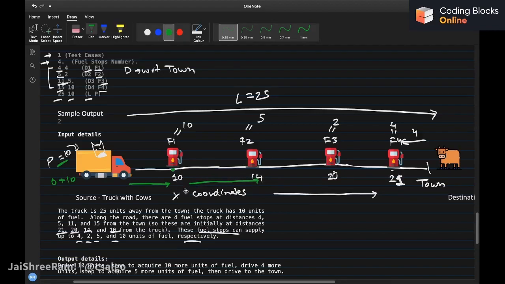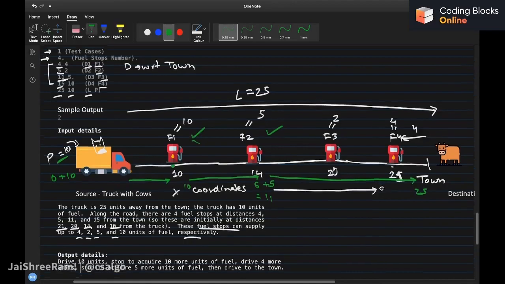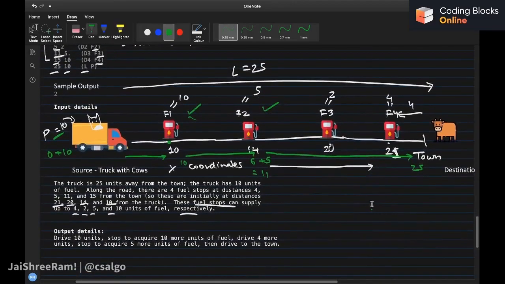So at this point the capacity was 10, and at this point the capacity would be 10 minus 4, that is 6, and you add, let's say, 5 units of fuel. Okay, that would mean you now have 11 units of fuel, and from 14, by using 11 units of fuel you can reach 25. That would mean you just stopped at 2 fuel stops and you are able to reach the town. Okay, so the final answer is you can reach the town using a minimum of 2 stops. Okay, so 2 is the correct answer.